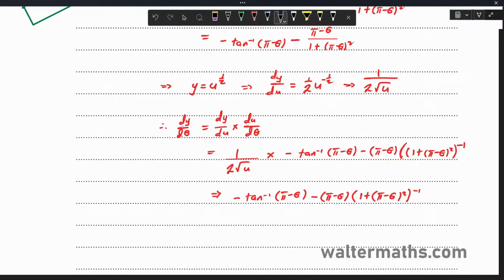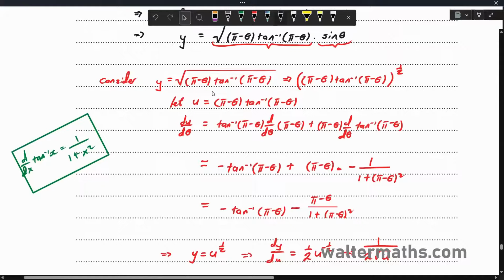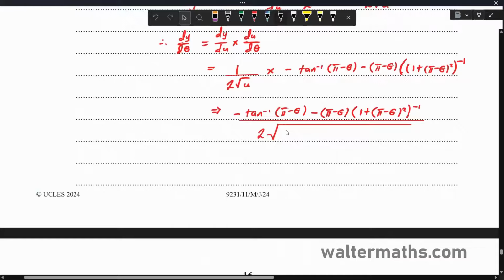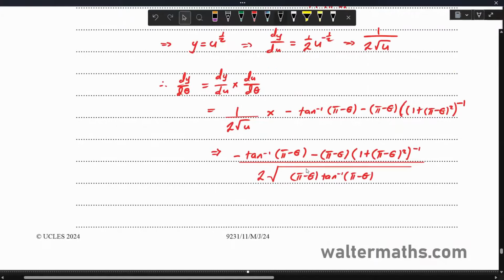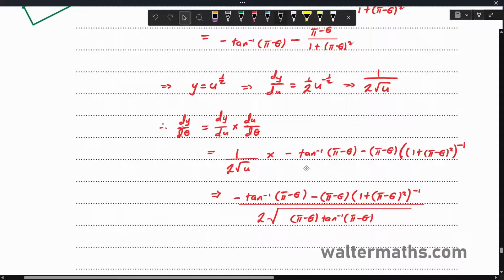So we can write this as minus arctan(pi minus theta) minus (pi minus theta) times (1 plus (pi minus theta) squared) to the power of minus 1, over 2 of the square root of u. And remember we had said u is (pi minus theta) arctan(pi minus theta). So that is the 2 root u we now have here. We will need this.